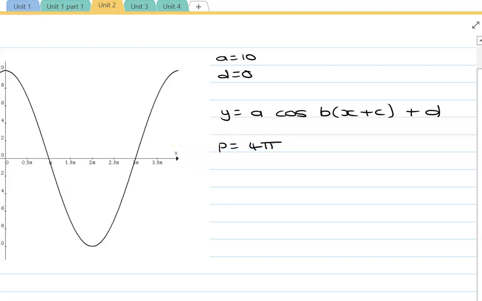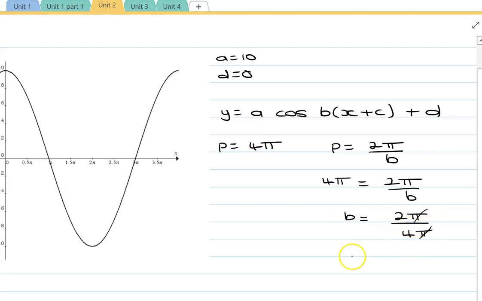So in order for me to work out the equation, I need to find the value of b. Don't forget the equation for the period is 2 pi divided by b. So if I place in 4 pi equals 2 pi over b and rearrange that equation, I get b equals 2 pi over 4 pi. The pi's cancel, and 2 over 4 can cancel down to be 1/2.